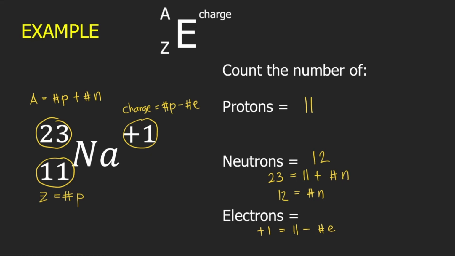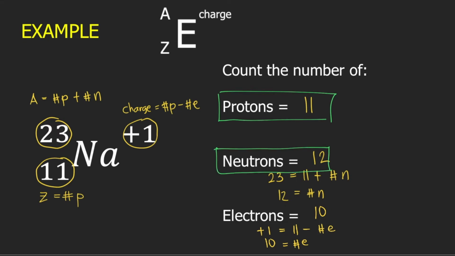So the answer is 10. There are 10 electrons. So the answer to this question is there are 11 protons, there are 12 neutrons, and there are 10 electrons.